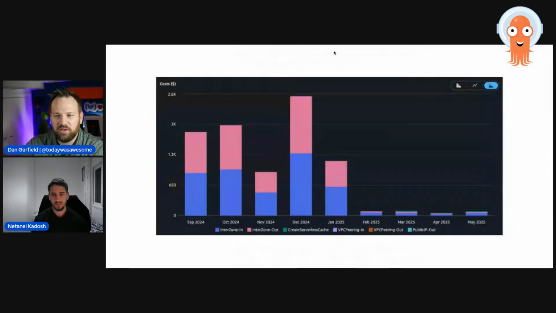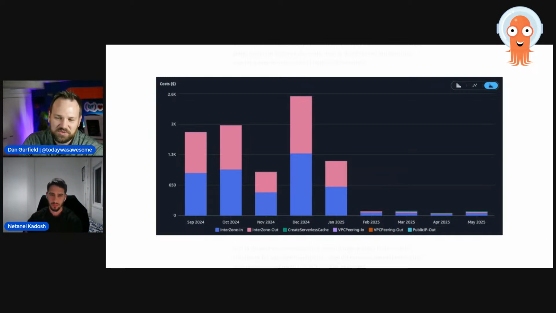Yeah, I wish. There's a great graph, and for people listening to the podcast, they're not going to be able to see it, of course. But if you go and look at the blog post that'll be in the show notes, there's this graph that shows all of these expenses for the interzone conversations happening across your multi-zone clusters.